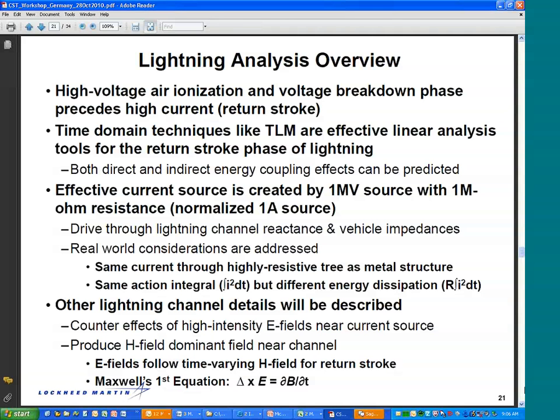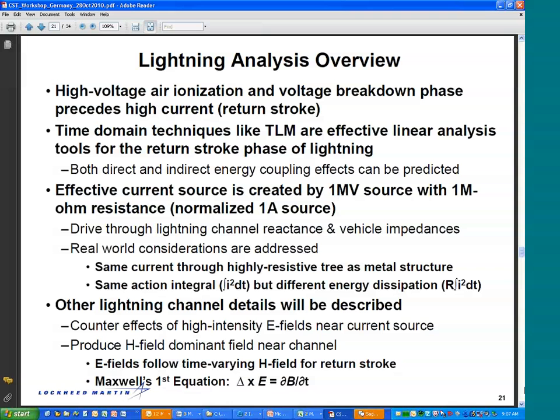That current is an effective current source, and it drives roughly the same current through a tree that's not very conductive as it would a radio tower or a transmitting tower. So there's the same action integral but different energy dissipation depending on the resistance, as I show in that formula.